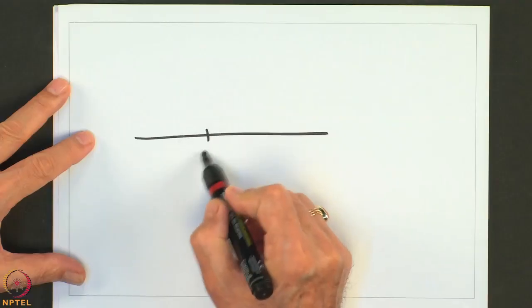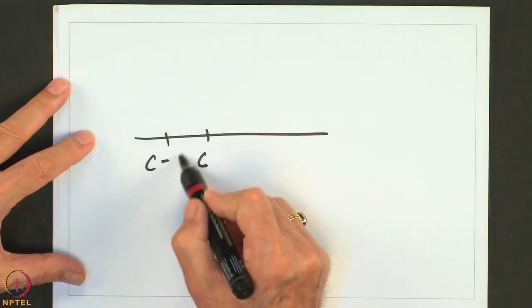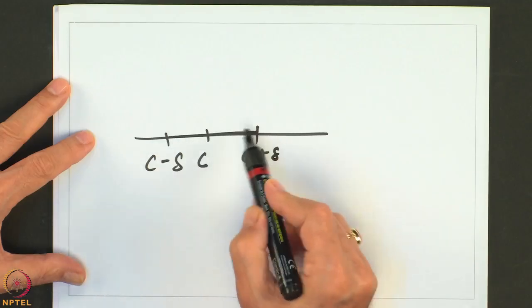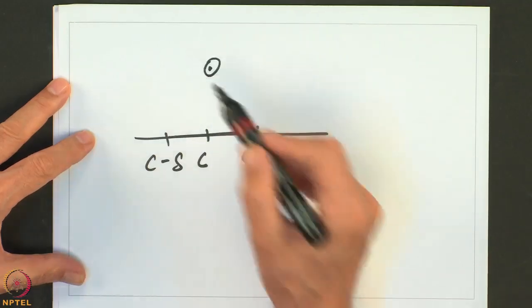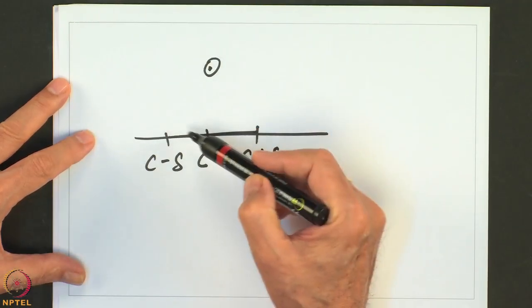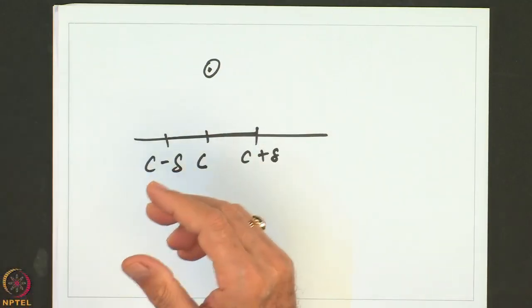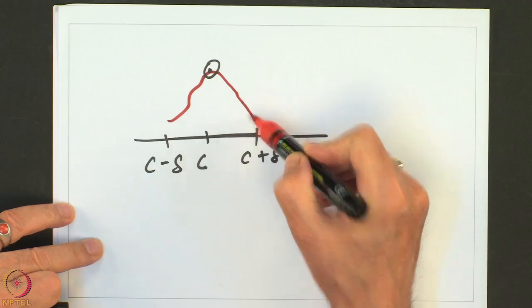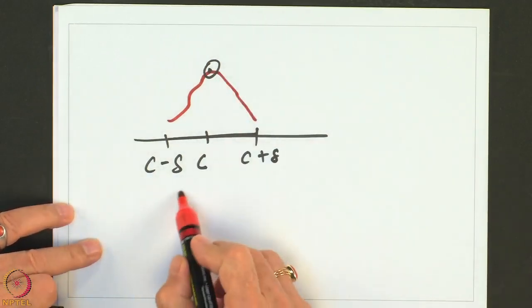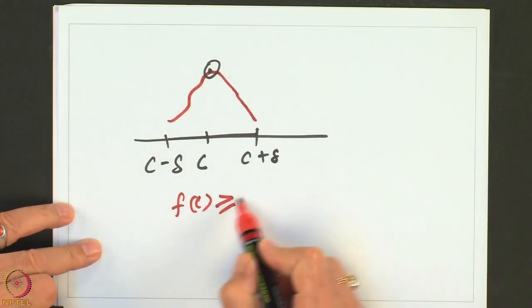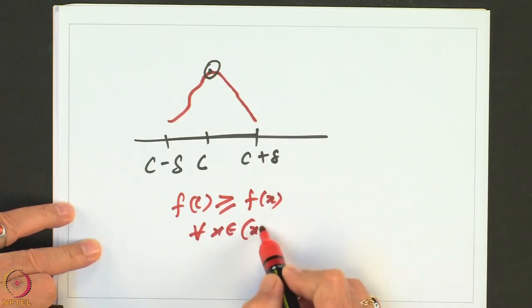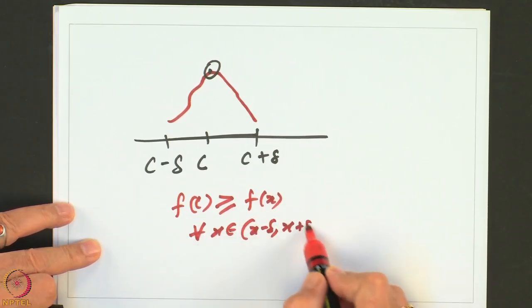If this is the point c, then in a neighborhood c minus delta to c plus delta, if we look at all points nearby and this is the value of the function at this point, then in that neighborhood the graph should look like this. The value at this point f of c should be bigger than or equal to f of x for every x belonging to c minus delta to c plus delta.